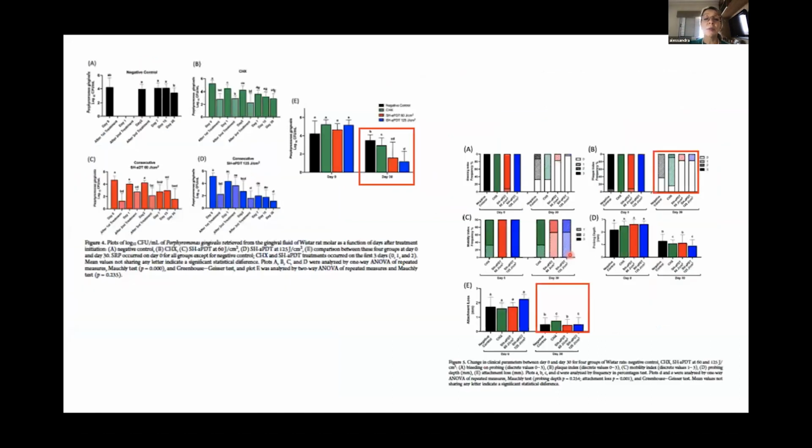And it was interesting that we could show the antimicrobial effect for this study.